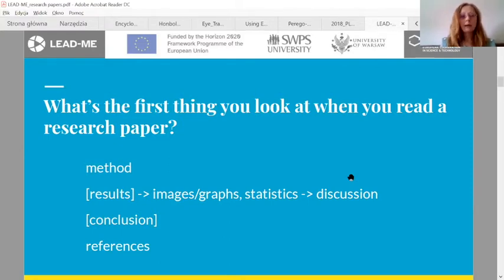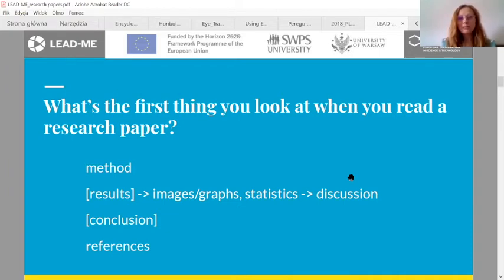So the last part, references, can be very useful because probably you already know that if you read a research paper, usually there is some literature that the authors mention, and it seems that your literature list will grow and grow, right?